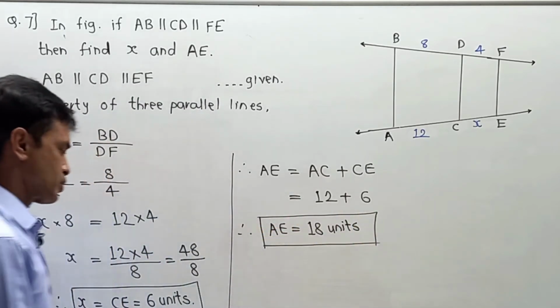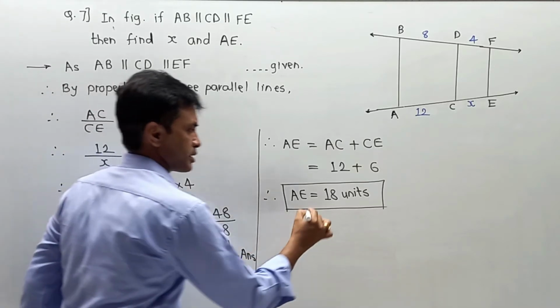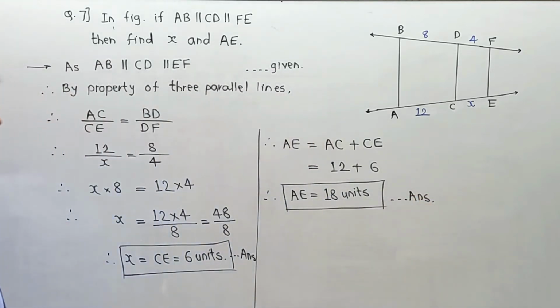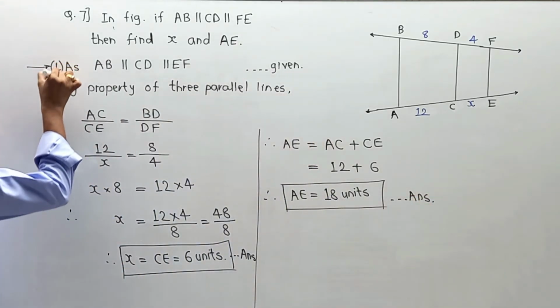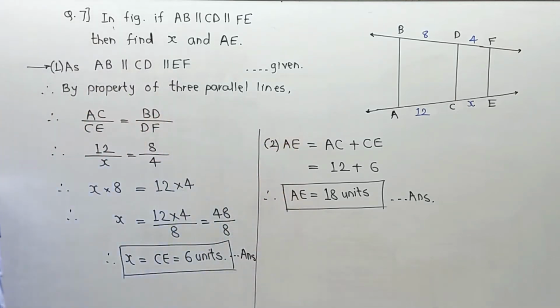So in this way we have solved our first answer as well as our second answer. Also if you want to give numbering, you can put number 1 for the first part and number 2 for the second part, and in this way we complete the entire numerical.